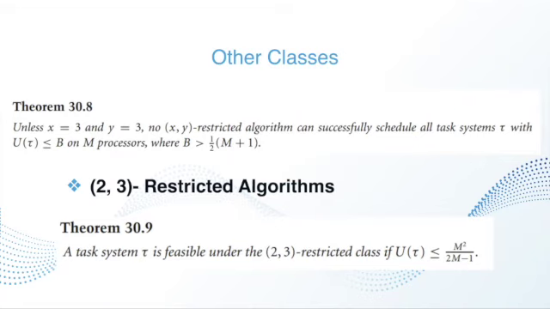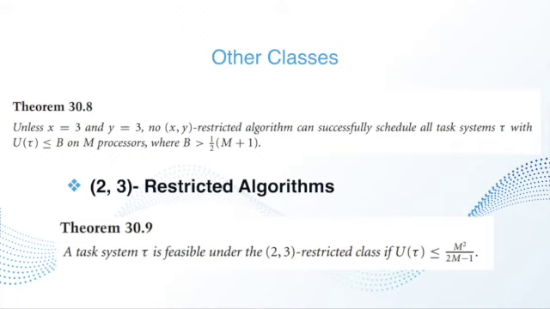Now we present some results involving the other classes of scheduling algorithms, the 2 and 3 restricted algorithms. The EDF is a 2 and 3 restricted scheduling algorithm. Although EDF is a very popular algorithm in uniprocessor real-time systems, studies have suggested that it tends to miss many deadlines in the multiprocessor case.